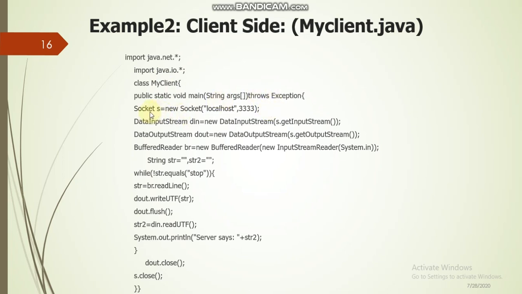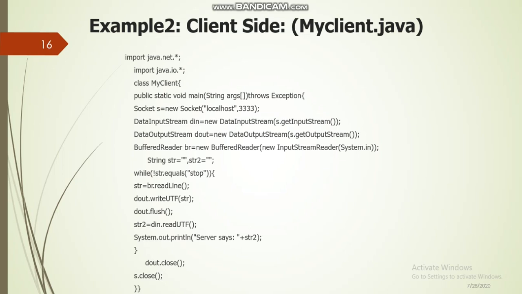The socket name is s at client side. The machine name is localhost. The port is 33. We need here to both send and receive the message.